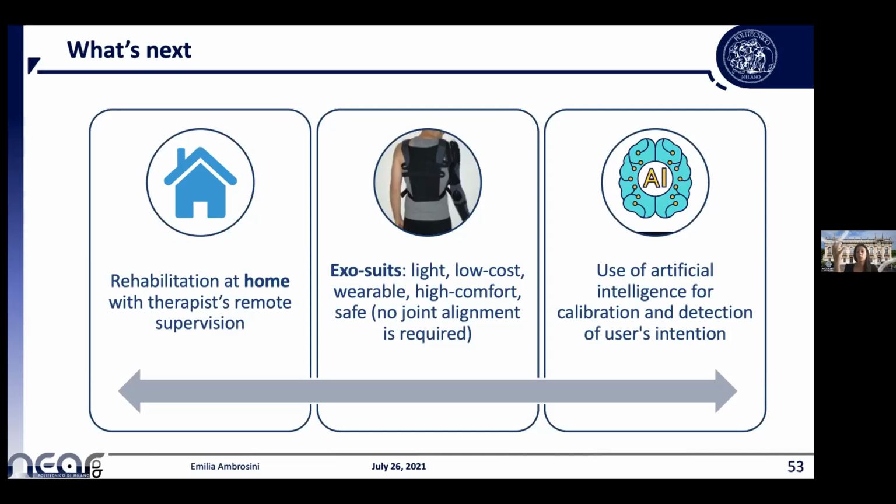Once we have demonstrated the potentiality of this combined action, we should go back and maybe redesign the robotic devices in a way that integrates the FES component, both at the level of the control system and at the level of the hardware.